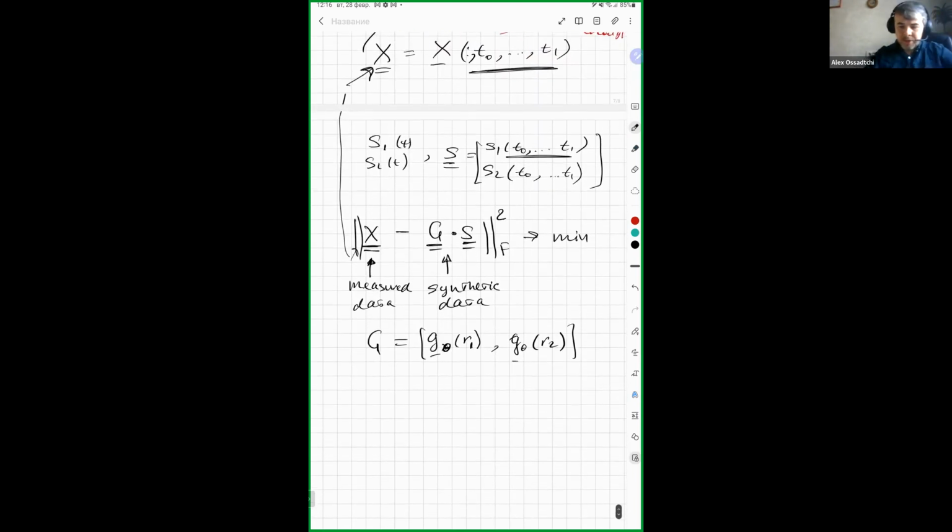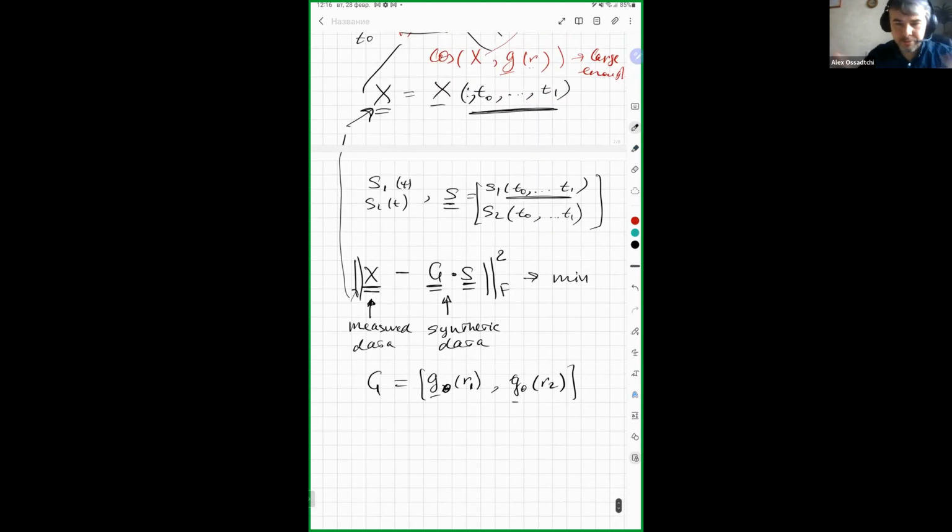Although you don't know it, you need to at least know approximately how something we are looking for looks. Remember, in the very beginning we had this setting with forward model G, which we didn't know. We had this measurement A and our data, and we were trying to minimize this.